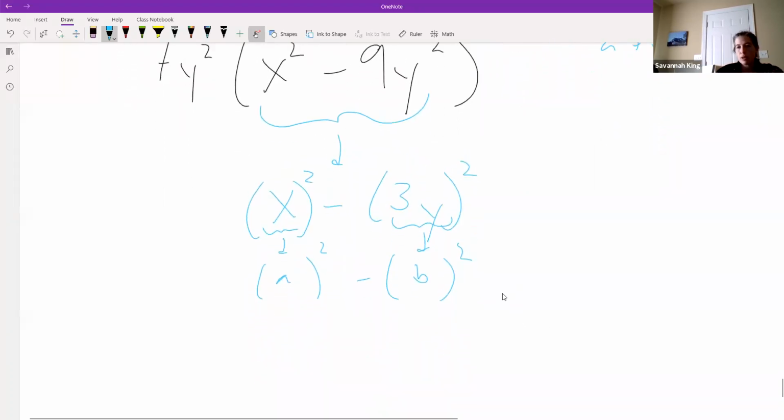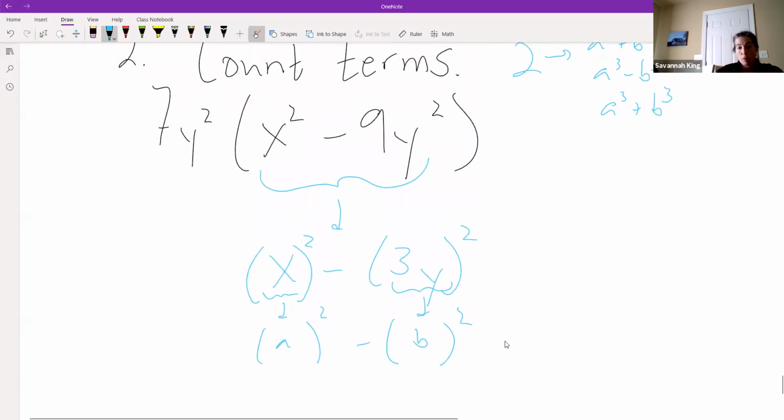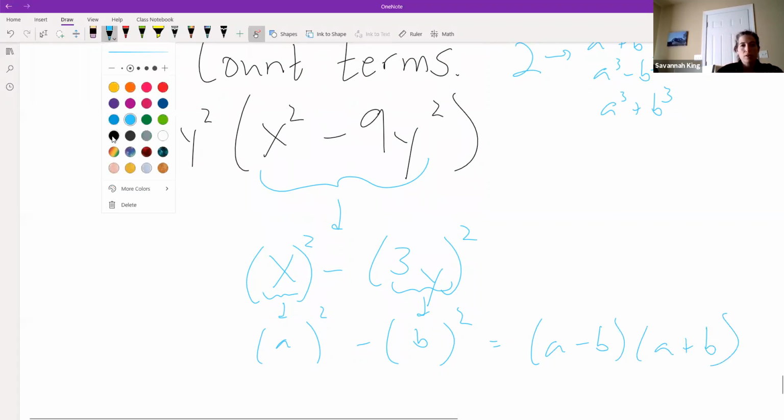So a squared minus b squared, by memorization only, there's no way that you can really get here using the AC method. It's a minus b, a plus b. Easiest formula that we have to memorize.